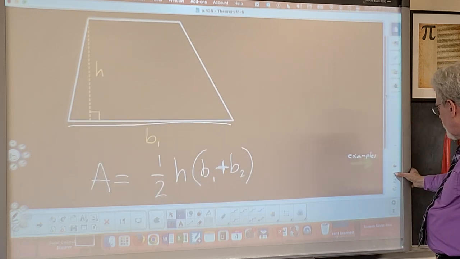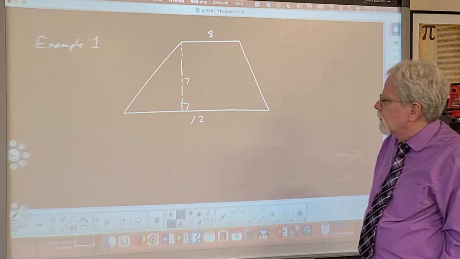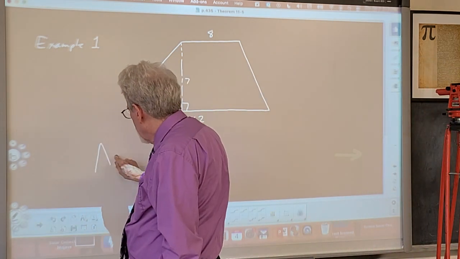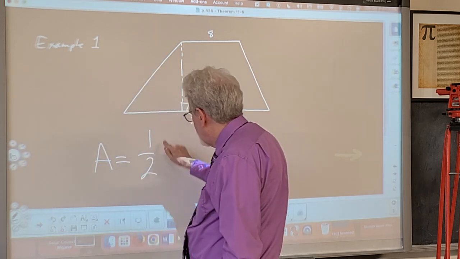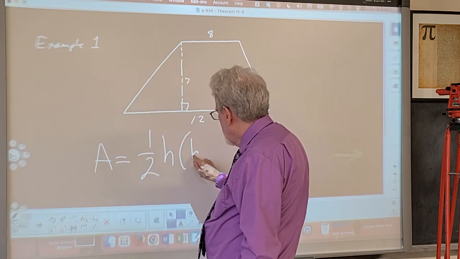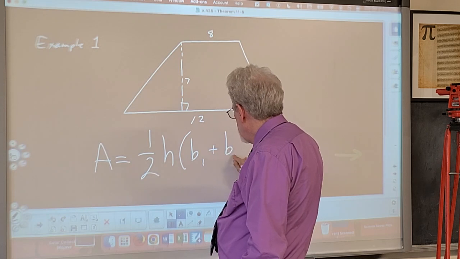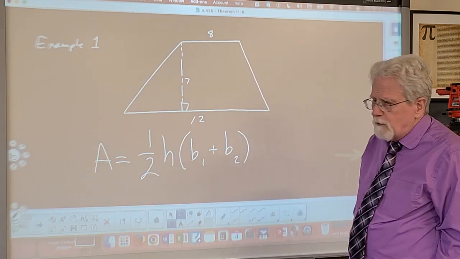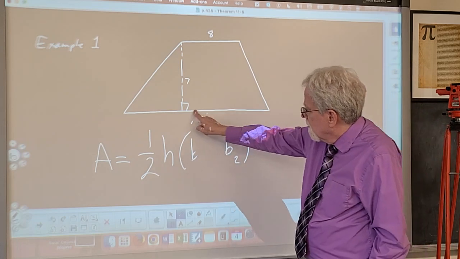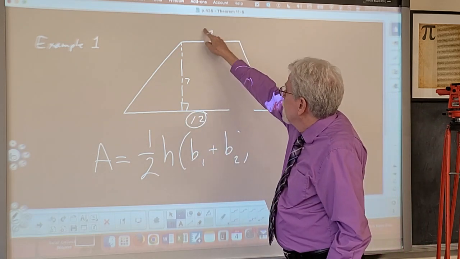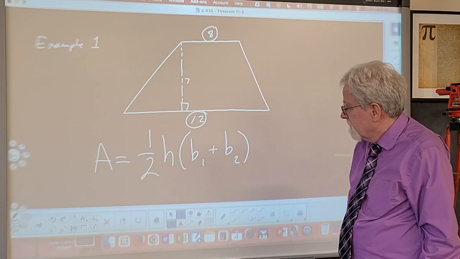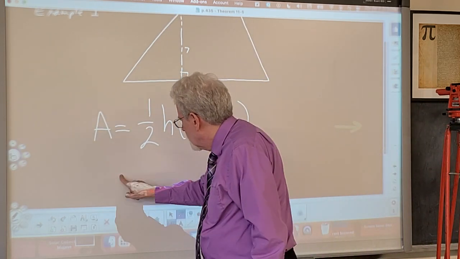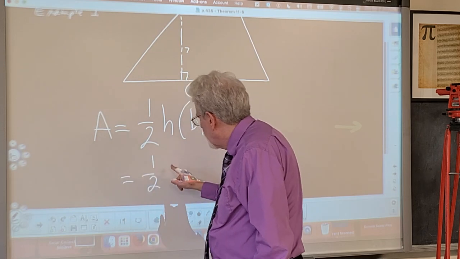Let's see some examples of how that works. Okay, here's a good example. The formula for a trapezoid: area equals 1/2 times the height times B1 plus B2. So we add the two bases. We have area equals 1/2 times, wait a minute, what's the height?